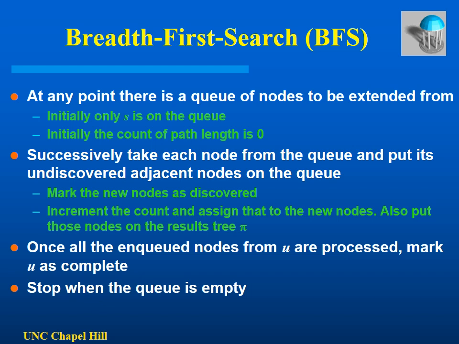The newly discovered nodes will also be put on the results tree, which we'll call pi, and the paths from the node that we're dealing with right now to its adjacent node that we've just discovered will be labeled as an arc in the tree.